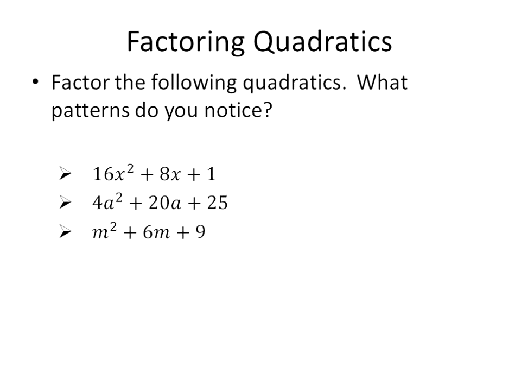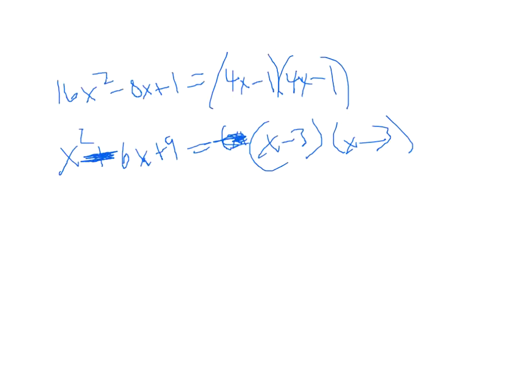Okay, so I'm going to go backwards for just a second. I want to look at these patterns here. Notice that this says 4x minus 1 and 4x minus 1, and there's a relationship between this subtraction and this, because negative times negative here makes it a positive, but then when I multiply some things, I get negatives and negatives, so I'm going to add them, I get a negative 8.